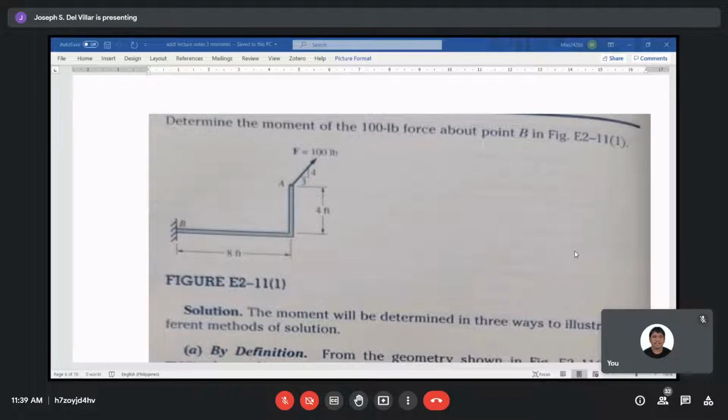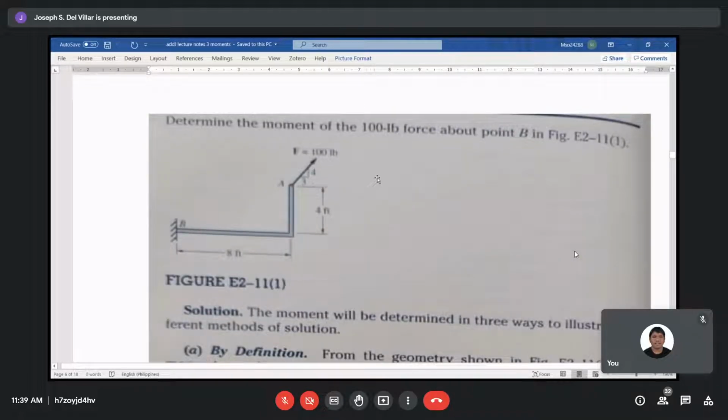Okay, that's correct. 4/3, hindi 3/4. The slope is rise over run. Ang rise dito ay 4, and yung run is 3. So 4/3, positive, because the force slants to the right.